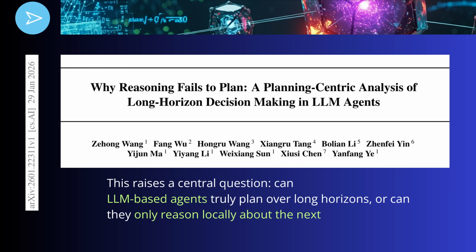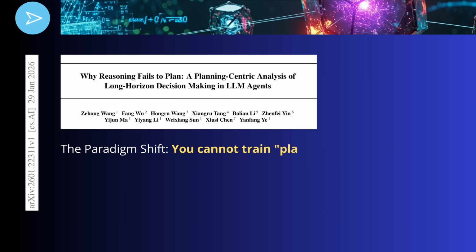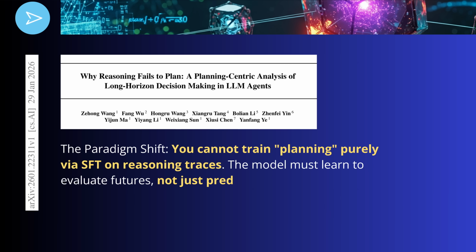Now, this paper raises a central question. Can LLM-based agents truly plan over long horizons, or can they only reason locally about the next step? And yes, if I ask you this question, you know exactly what is the answer, and the answer is in a beautiful mathematical framework in this particular study. So if you want, we do have now, with these two new papers, a paradigm shift.